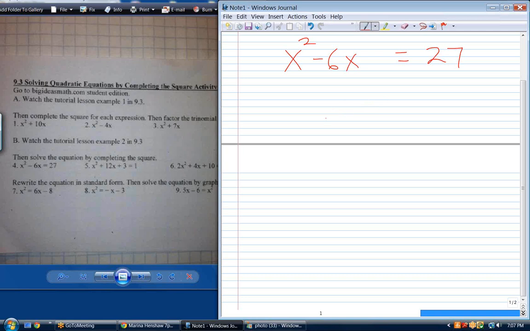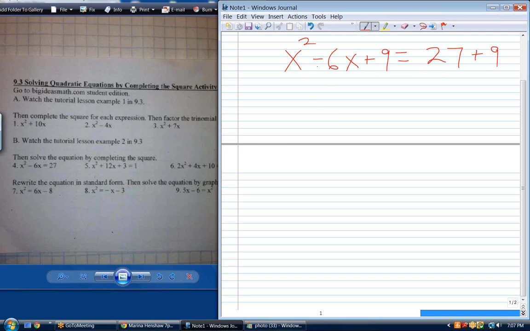So what do I have to add to the left in order to complete the square? Nine. Okay, and then I have to add 9 to the right also.